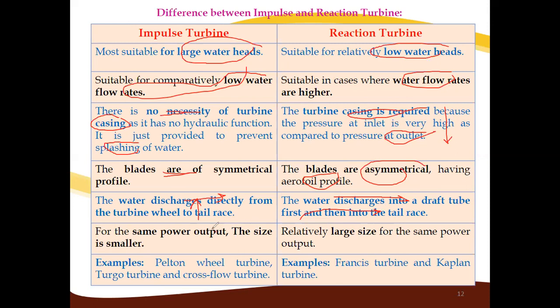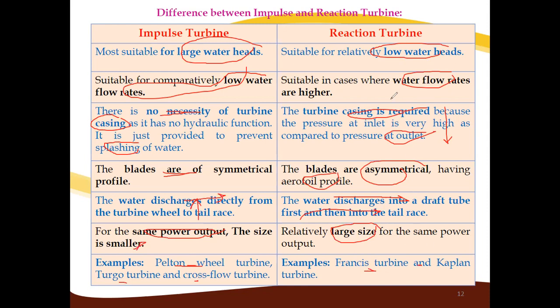For the same power output, the size of an impulse turbine is smaller, and for a reaction turbine, we require a larger size. Examples of impulse turbines are the Pelton wheel, Turgo turbine and cross flow turbine, and examples of reaction turbines are the Francis turbine and Kaplan turbine.